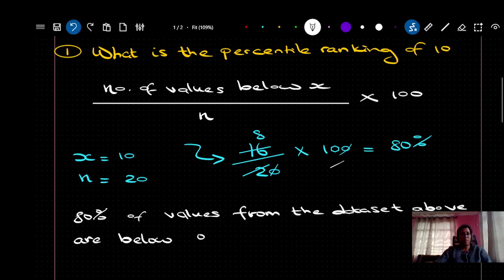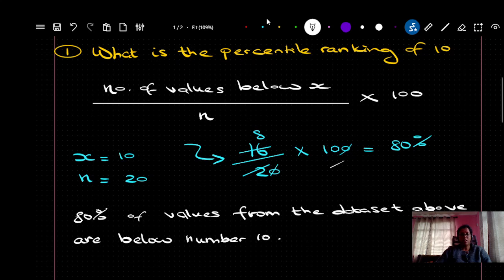Why do I say number 10? Because we could have had big values such as 20, 13 or 19. Here we're taking number 10 as x.